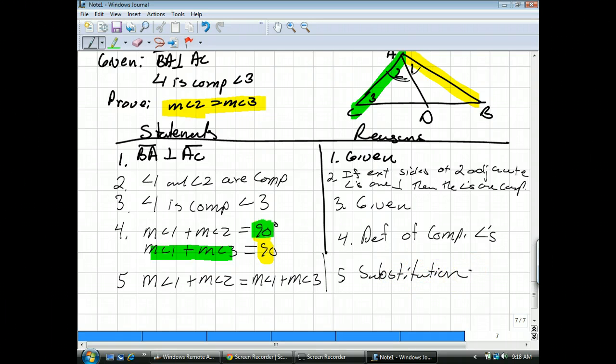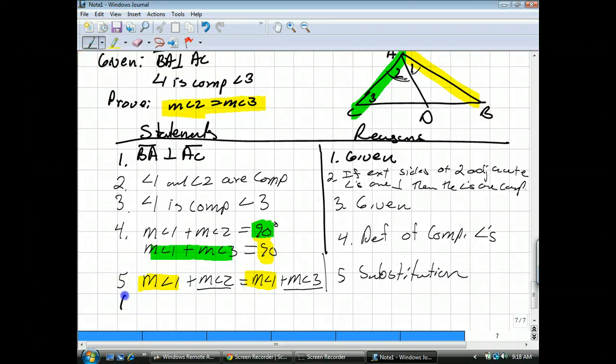Okay, now I've succeeded in getting measure of angle 2 across from measure of angle 3. But I want them to be by themselves. So I need to get rid of this and this, which means I want to be able to subtract that. But do I know for sure that those are equal to each other?